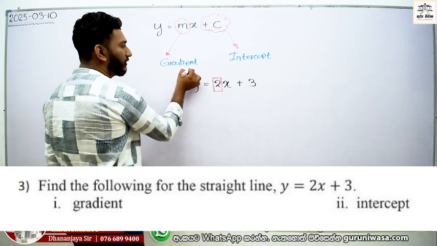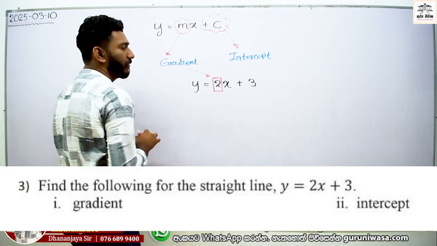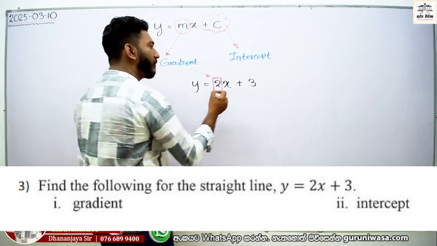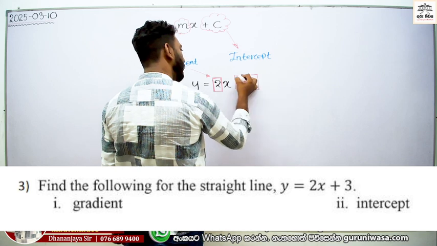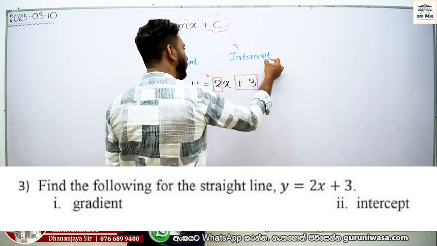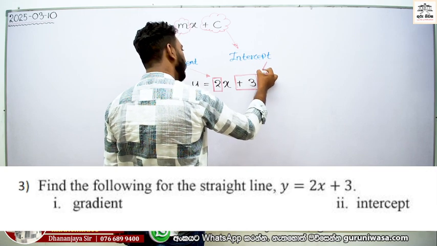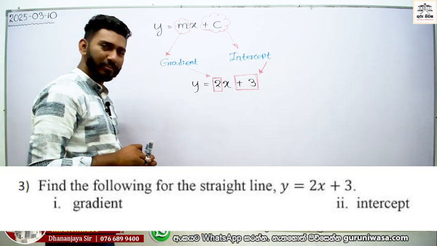This one is the gradient. Easy, right? And what is the intercept? Intercept is plus 3. Right? Therefore, the intercept is equal to plus 3. Now, write the answers.